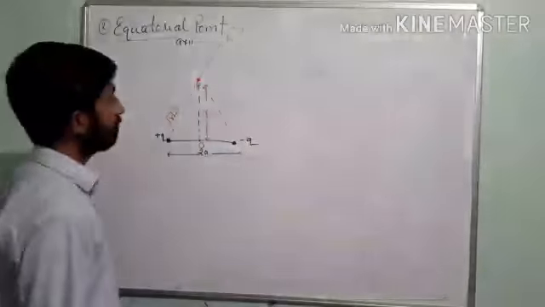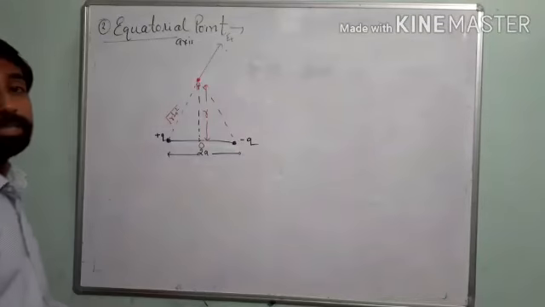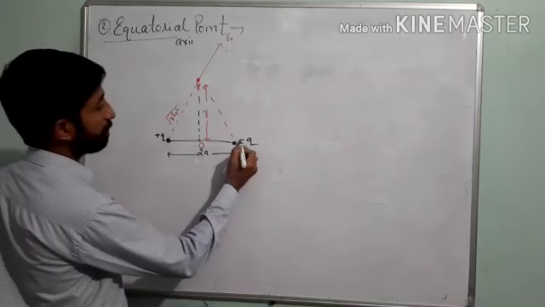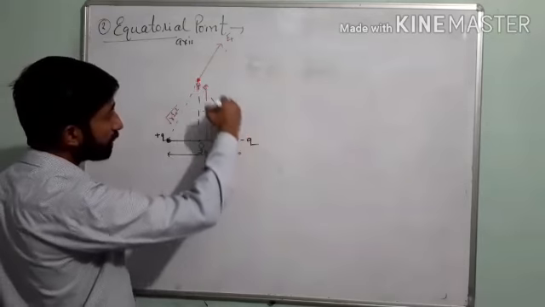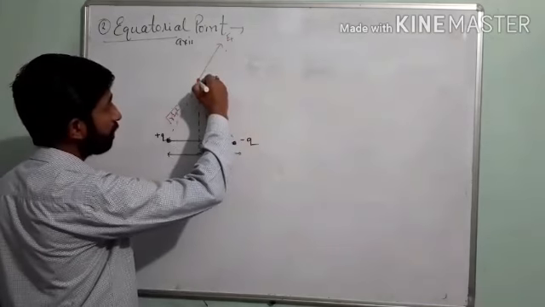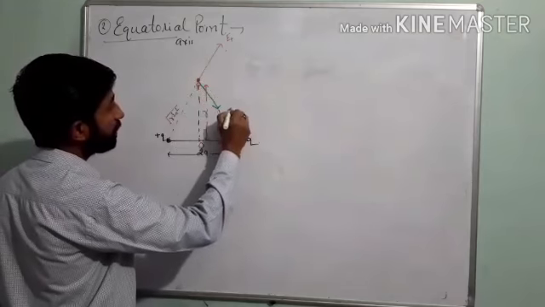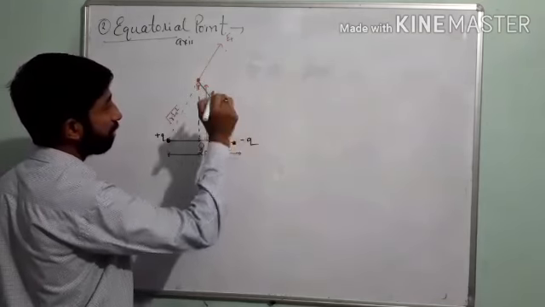What about the electric field produced by the negative charge? This charge will produce an electric field towards itself. That is, this is the electric field, E minus.